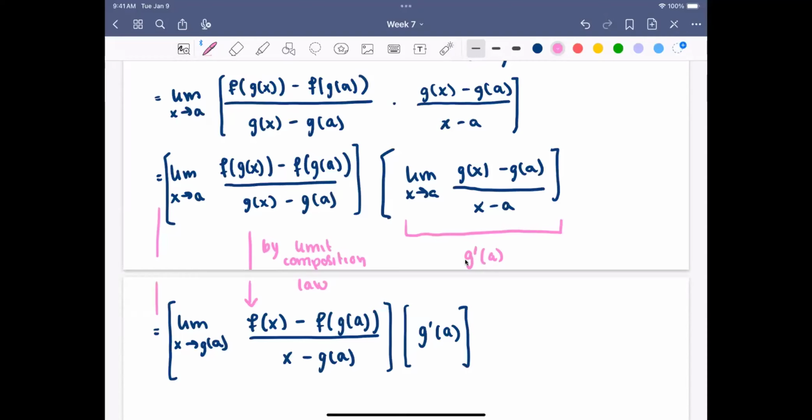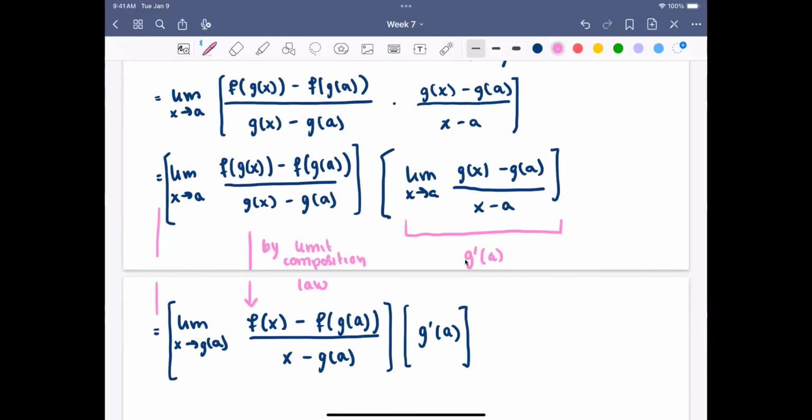Yeah, so this is the derivative of f at the value g of a, right? So if I just ignore what's in the argument of f, it's like I'm taking the limit as x approaches something of f of x minus f of something divided by x minus something.